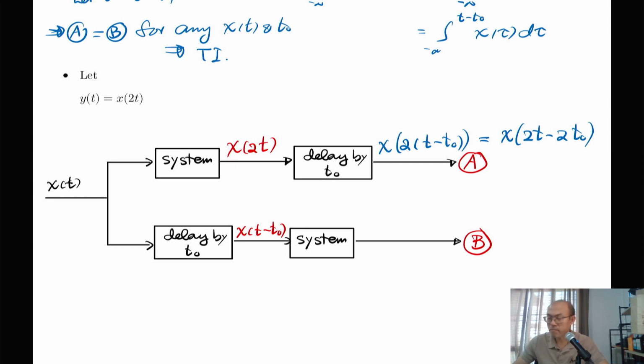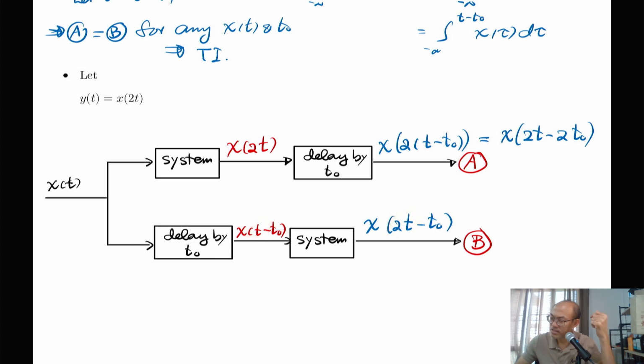Now let's look at the lower path. I have x here, I delayed by t0, and I have this one. What the system does here is it will plug in t as 2t. So what it does here is we have x of 2t minus t0. Remember, it will shrink the signal 2 times. So wherever there is t, I write it as 2t.